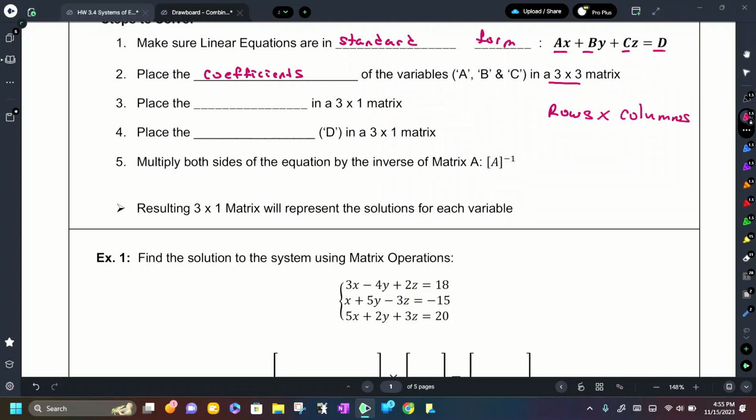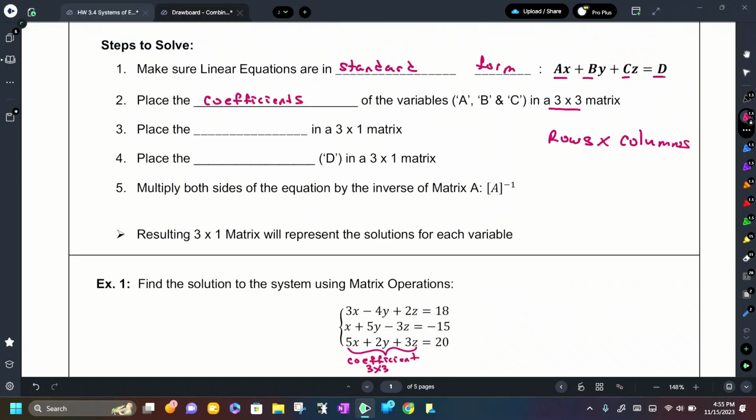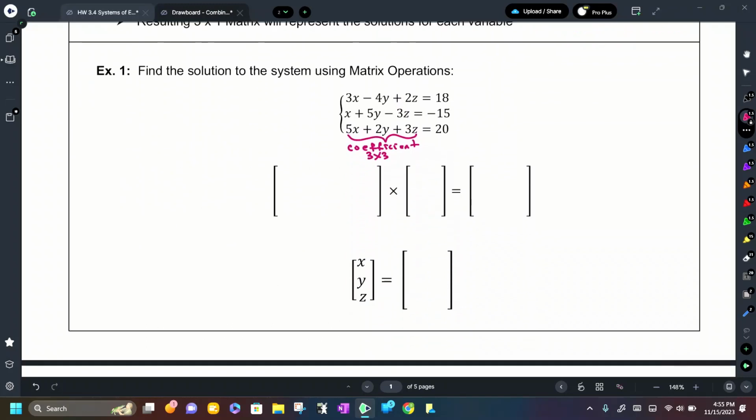So here's what we're going to do. Look right here. This is our coefficient matrix. That's a 3 by 3. We're going to take those coefficients and write them right here. Only the coefficients, right?